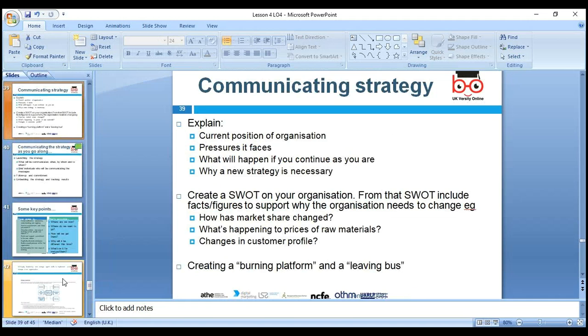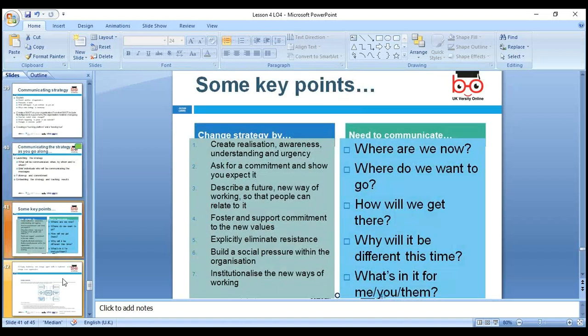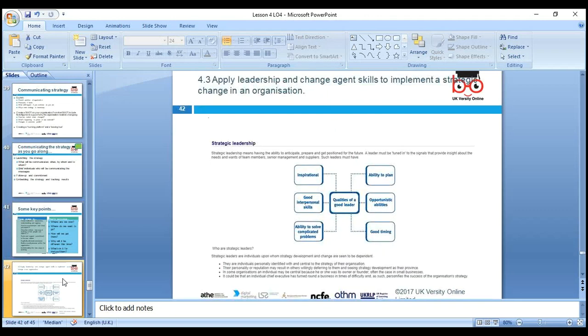Using the model internally: what strengths, weaknesses, opportunities, and threats we have, and how we can make sure that when we implement the change, we have a good environmental analysis in place, along with communicating the strategy, launching the strategies, follow up, and commitment. Some key points are creating realization, awareness, understanding, and agency, and we need to communicate. If we don't communicate, we are not going to achieve it.